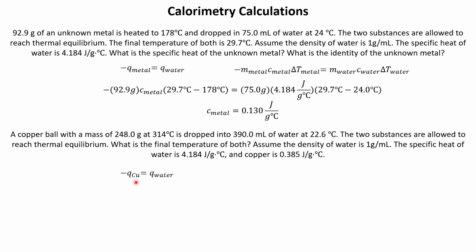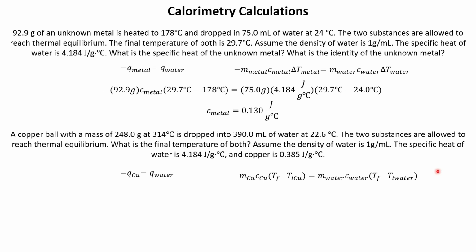So we can take these two Q's, turn them into mcΔT, and here is our equation. Again, these final temperatures here are the same variable, but our initial temperatures do need to be specific to that substance. Sometimes the challenge of these problems is keeping everything organized and straight so that all of the numbers go in the right place with the right sign.